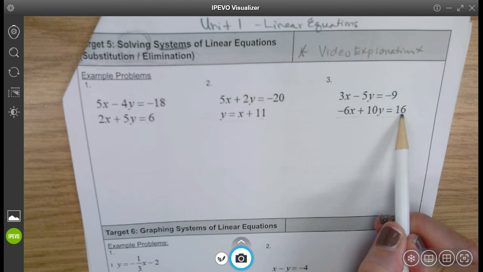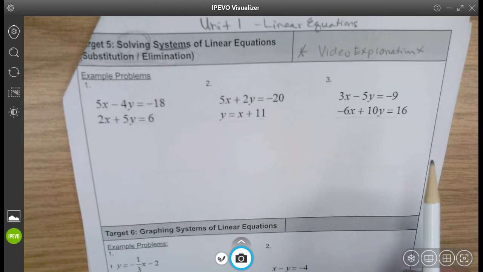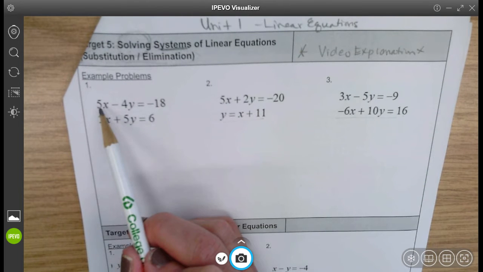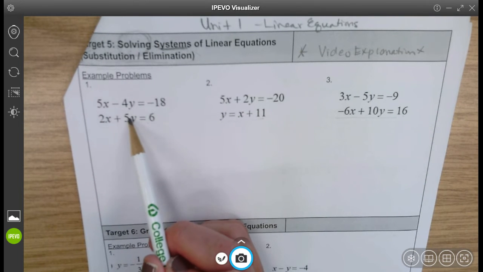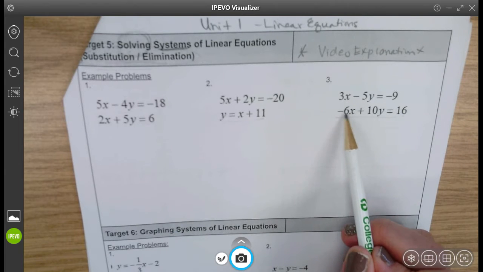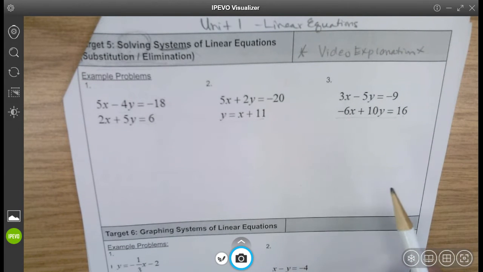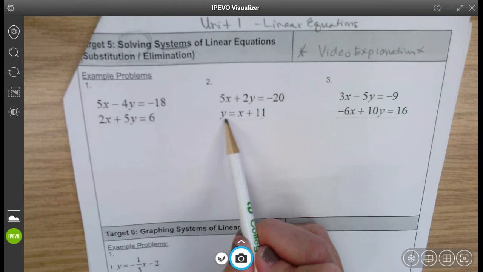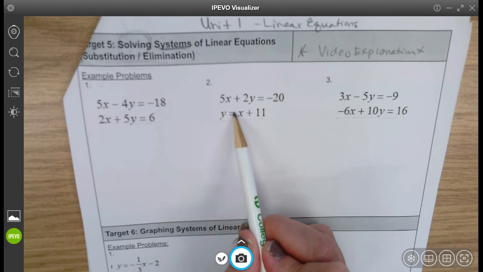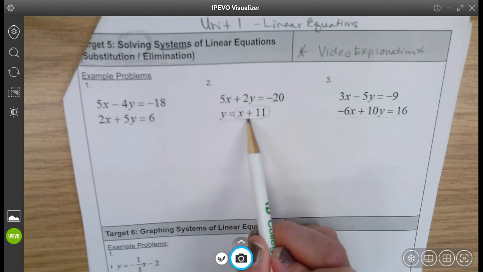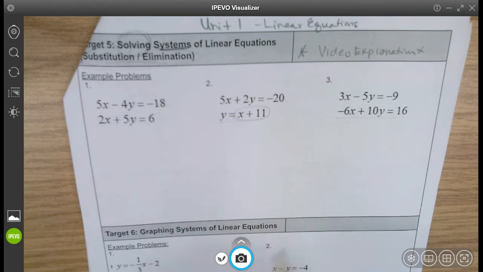Those are really good for elimination problems so that we can eliminate one letter at a time. And all of them have coefficients that are different than 1. That's a good elimination problem. But the second one has a y by itself, so that entire group is really easy to substitute. When I do these, keep in mind that I'm doing them because of the way they're set up.